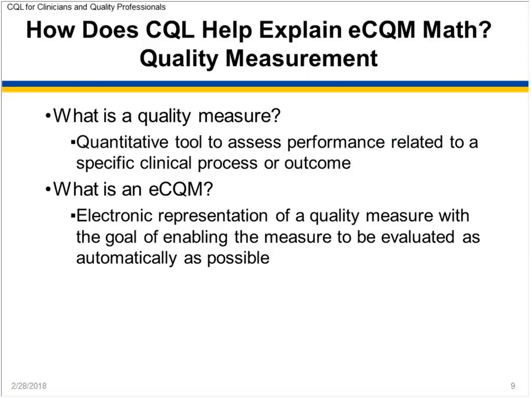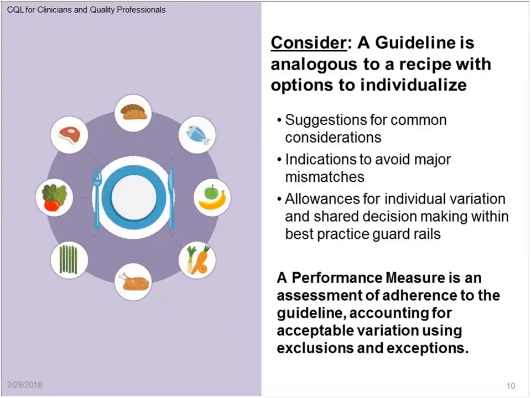So let's consider a guideline as analogous to a recipe. Let's be cautious that I'm not indicating anything about cookbook medicine, just indicating when you have a recipe, what are the components and what do you have to think about.